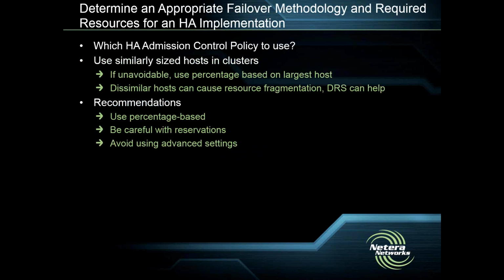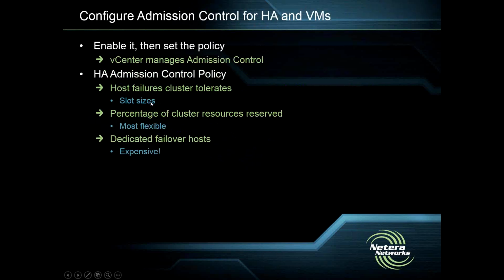Right away, you want to choose an HA admission control policy. Going back, how many hosts do I have? How many hosts do I want to protect against failure, right? Are we doing N+1? Are we doing N+2? What are the implications of reservations in the environment, and how does that affect my slot size, right?